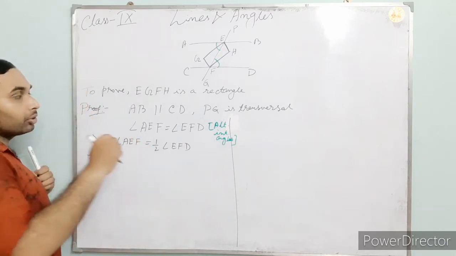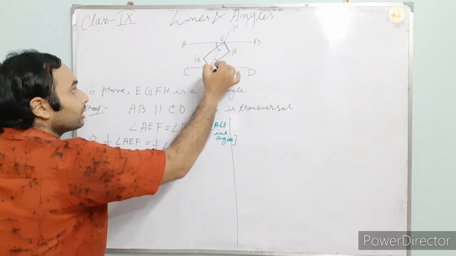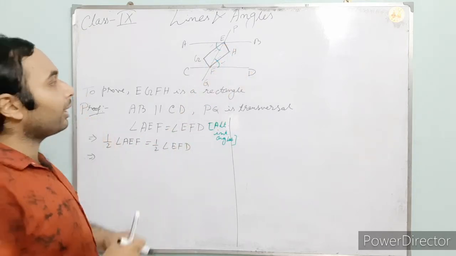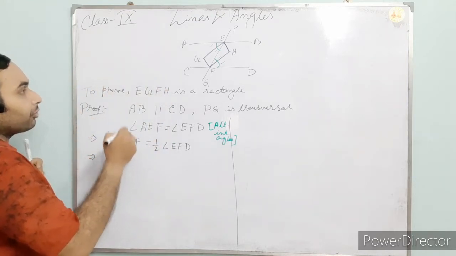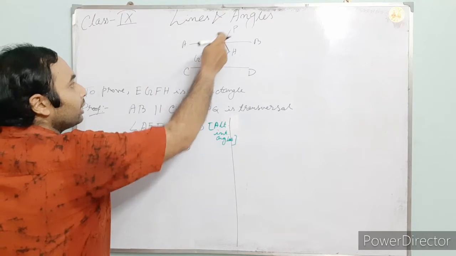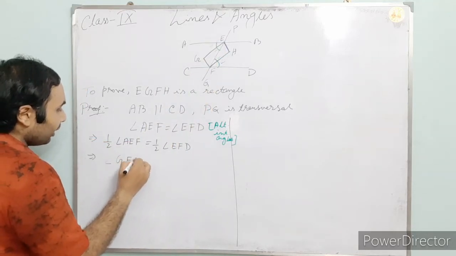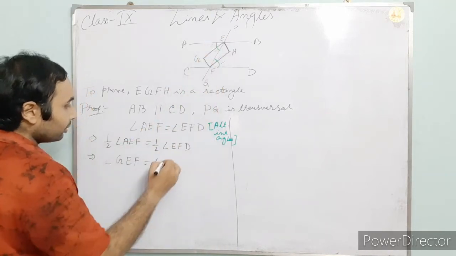So from those we can say this angle is equal to this angle, because those are the half angles of those. So we are taking GEF now. Angle GEF is equal to angle HFE.